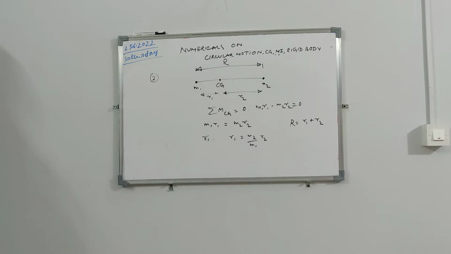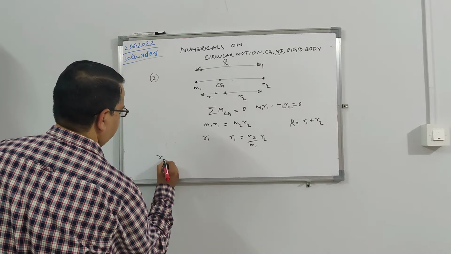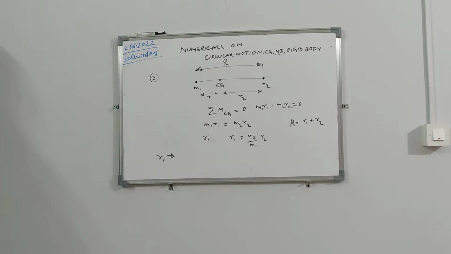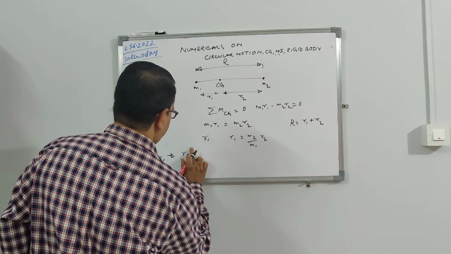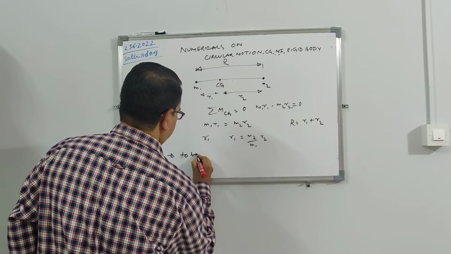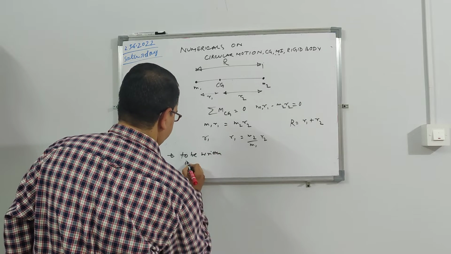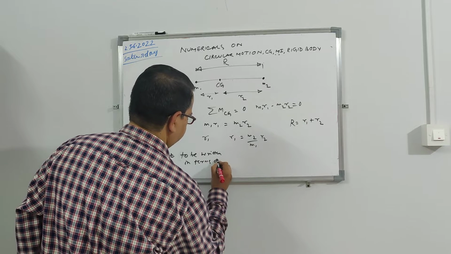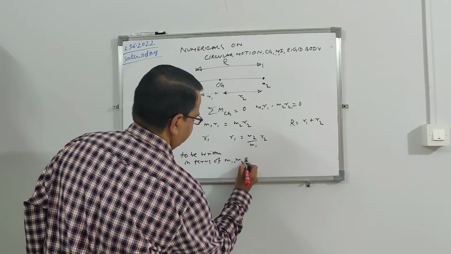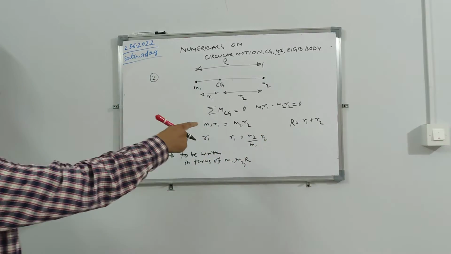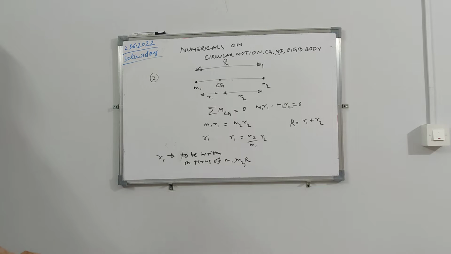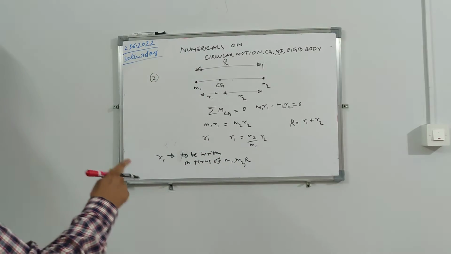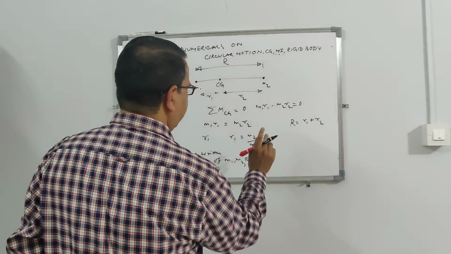So you want to write R1 in terms of M1, M2 and R. So we are saying that R1 is equal to M2 by M1 into R2, but R2 we do not know, we need R. So M2 by M1 is fine, that we know.